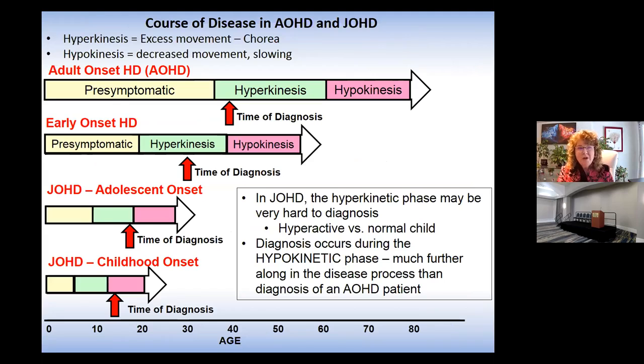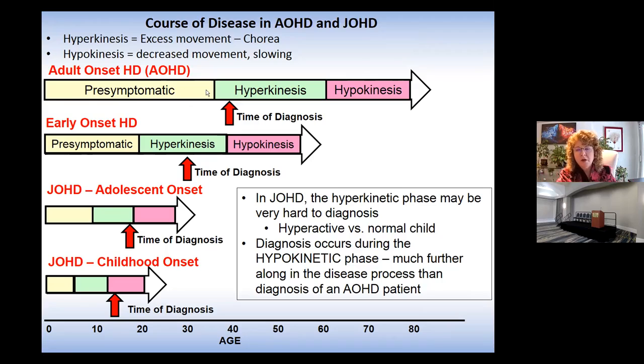So one thing I wanted to mention is the course of disease in AOHD versus JOHD. As I'd mentioned before, hyperkinesis, a lot of movement, hypokinesis. And the course of disease is the same for everybody with Huntington's, no matter when you get it. It's just that the course of disease is shorter the earlier you get it. So just look at this top arm up here.